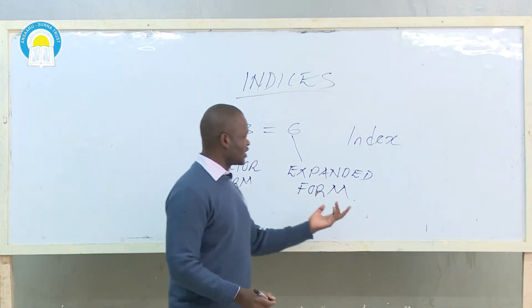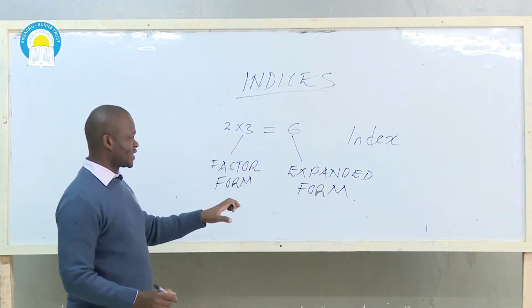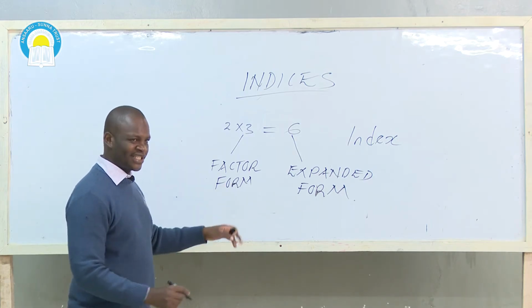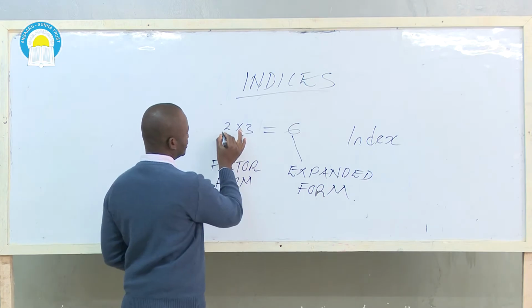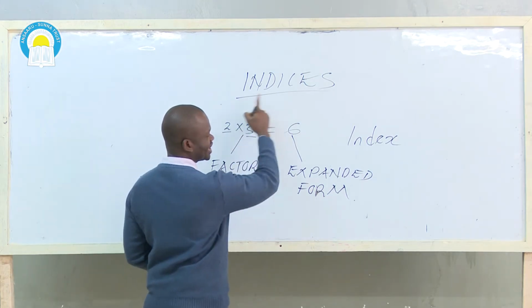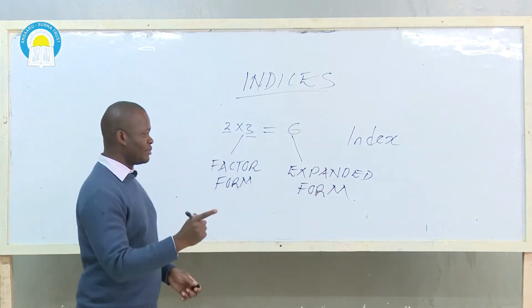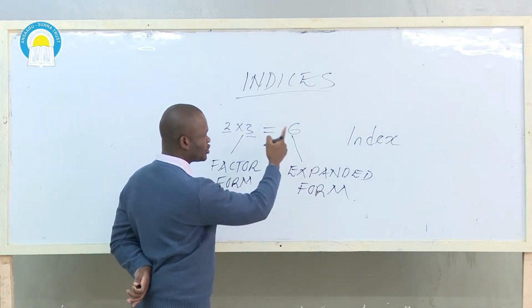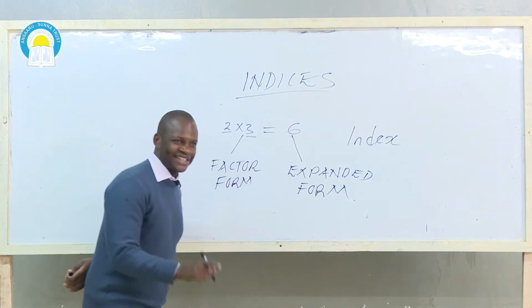So what do you mean by expansion? It's something I've mentioned in the past, under the topic quadratic. Expansion is joining smaller units to get a bigger unit. So I'm joining 2 and 3 to get a bigger unit, 6.